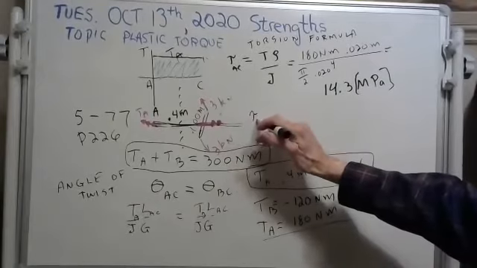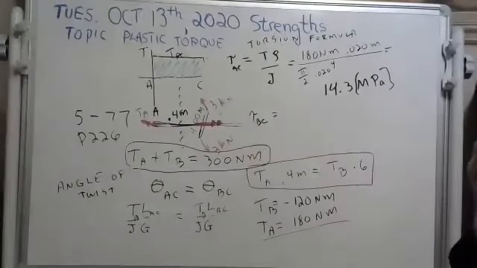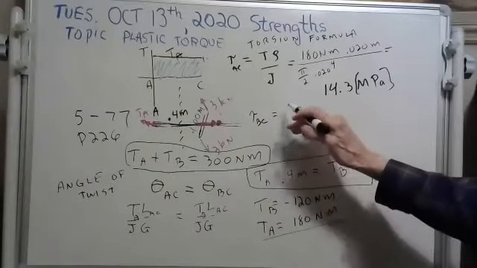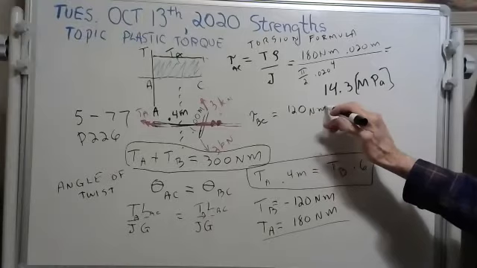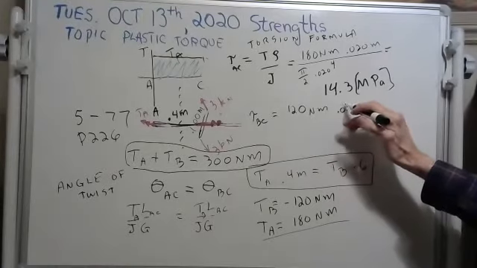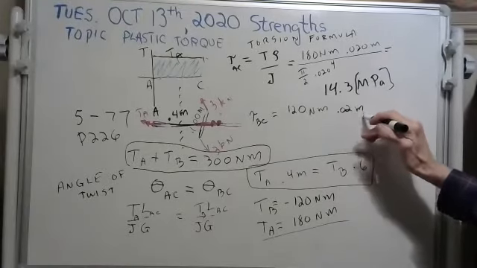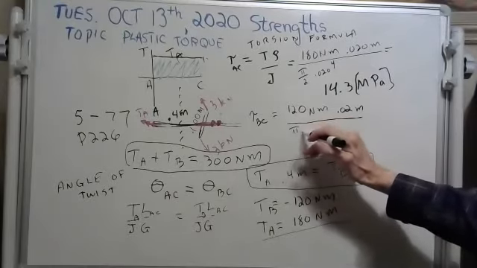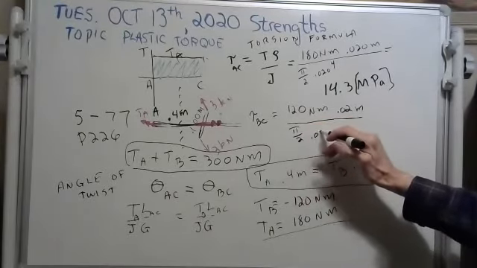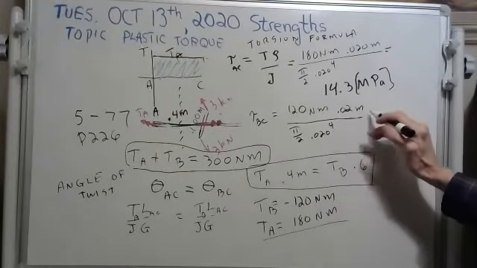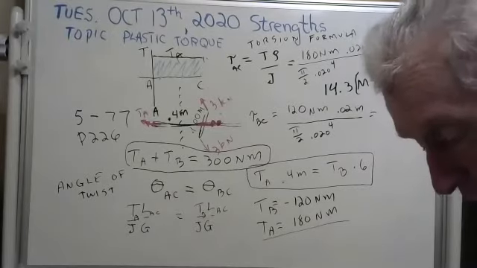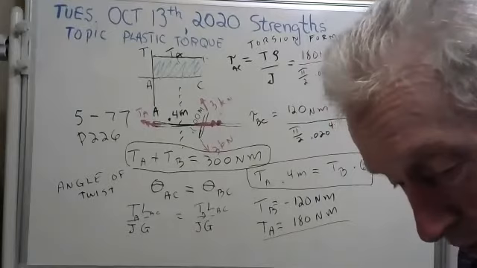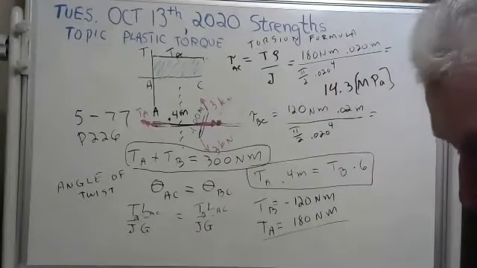The stress in BC is going to be the 120 Newton meters. Okay, plug that in and let's get the stress. And I'll look up the answer book answer and we'll see if we got this problem right.